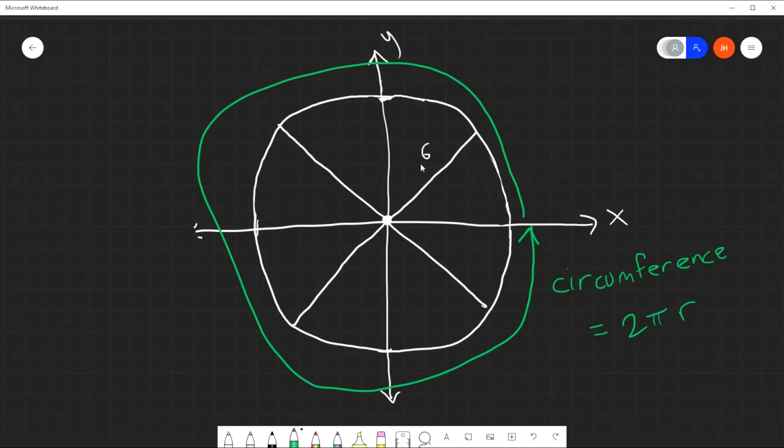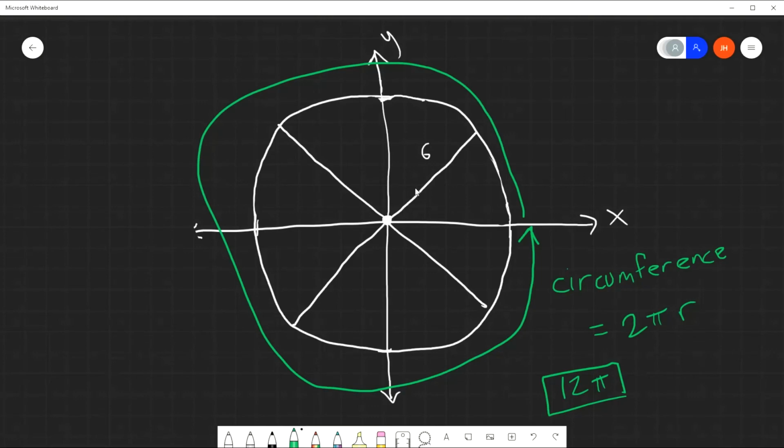So the circumference of this circle would be 2 pi times 6, which would be 12 pi. You'll notice that pi comes up all the time with circles. It's as if pi was derived from circles or something. That'd be too crazy.